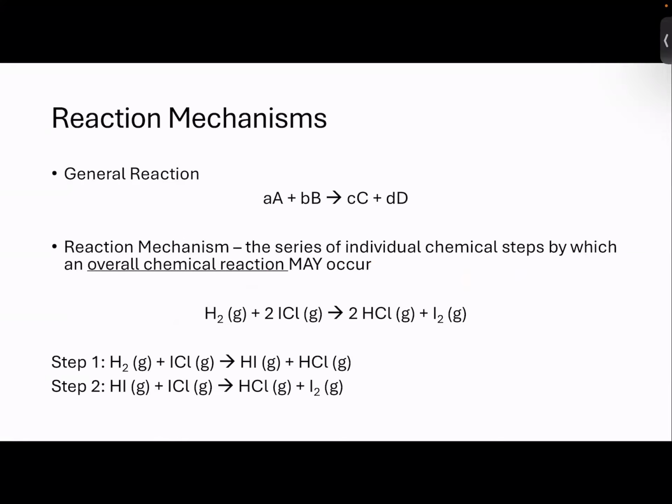So when we write a general reaction, aA plus bB goes to cC plus dD, this is the reaction you're used to seeing, where these reactants go to form the product. But we have never said that that reaction occurs in one step.